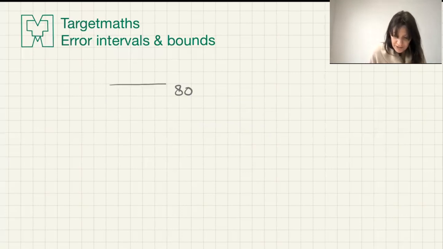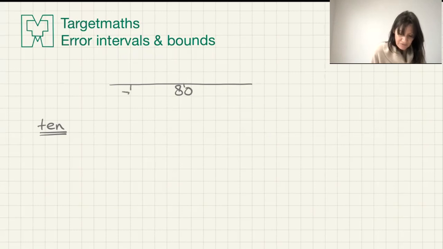I like to draw a number line that is in the way that the question's been given to us. So I've said that my number's been rounded to the nearest 10. So my number line is going to be in tens. So the number before 80 would have been 70, and the number after 80 would have been 90.